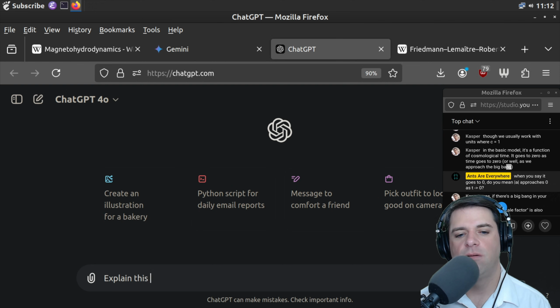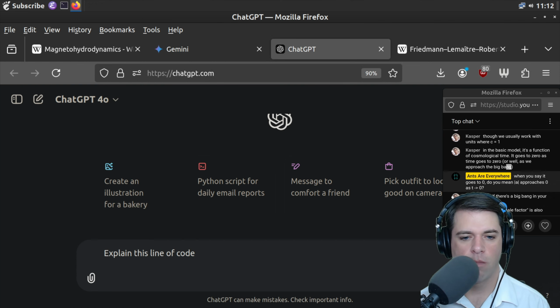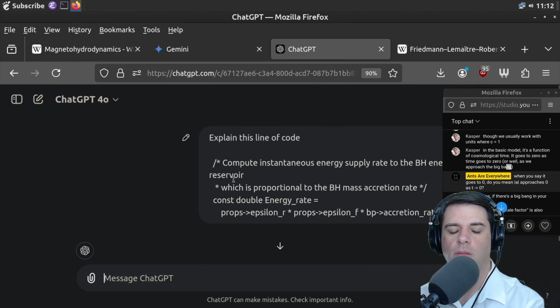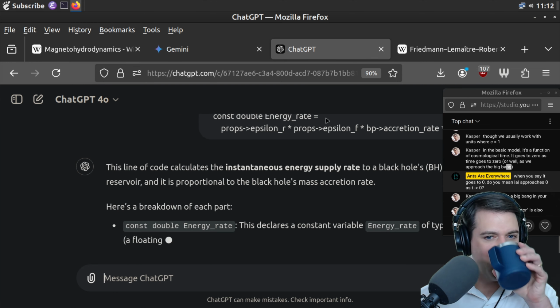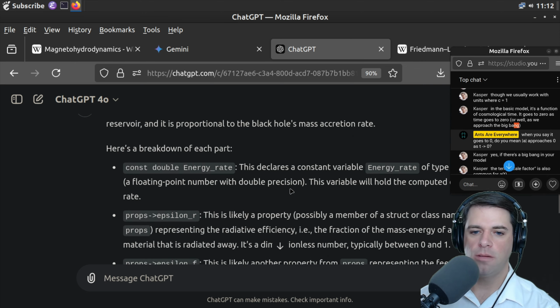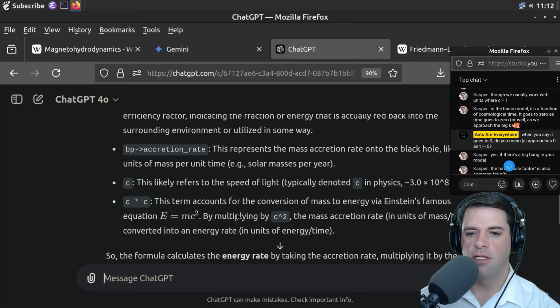Explain this line of code. This term likely refers to the speed of light.